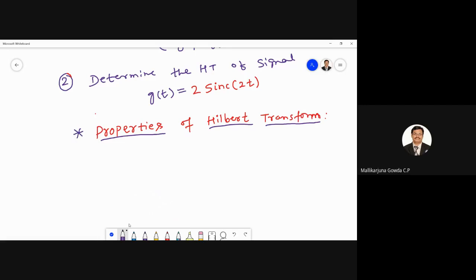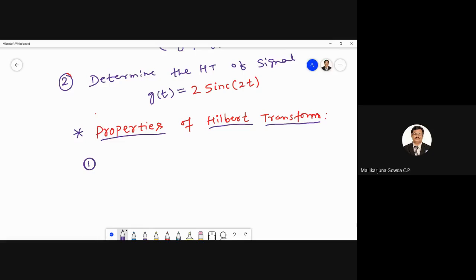So we discussed 3 properties. It may have many, but these are the ones relevant to us. The first one is: a signal g of t and its Hilbert transform g cap of t have the same magnitude spectrum.